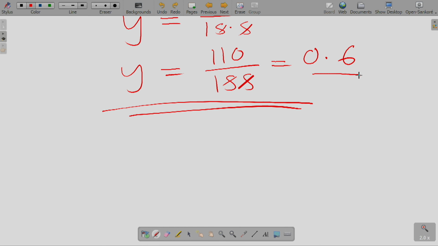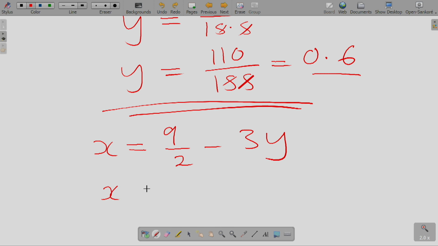So now we need to find also the variable x. The variable x can be obtained by using the equation that we got, which is 9 over 2 minus 3y. Let's substitute the value of y, which is equal to 0.6, in this equation.